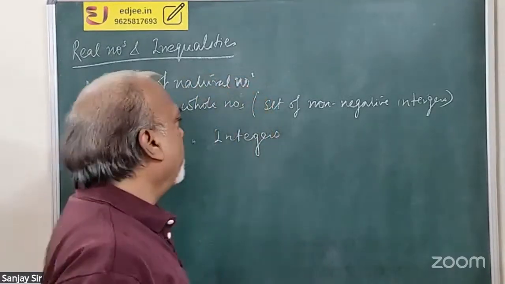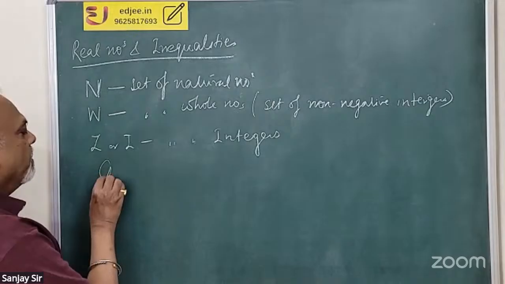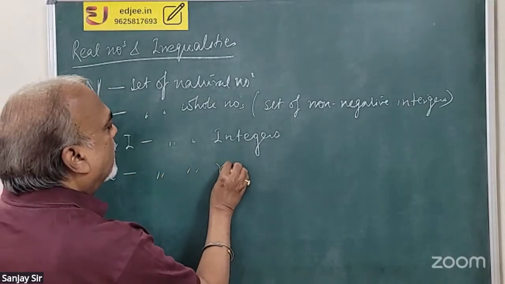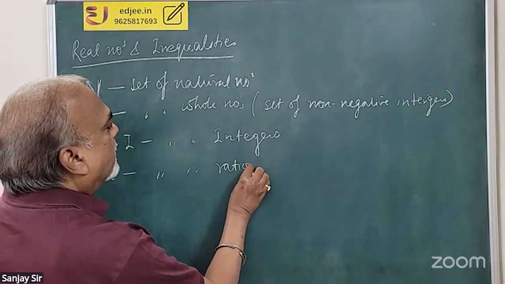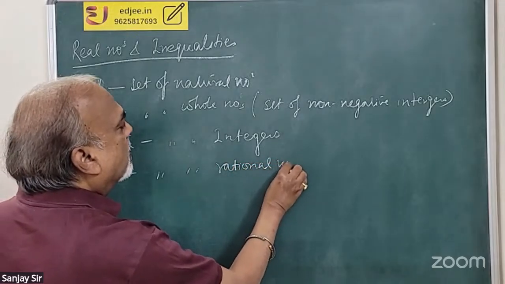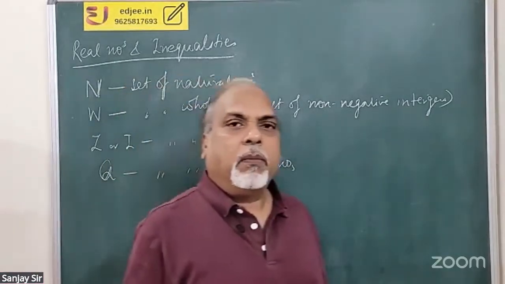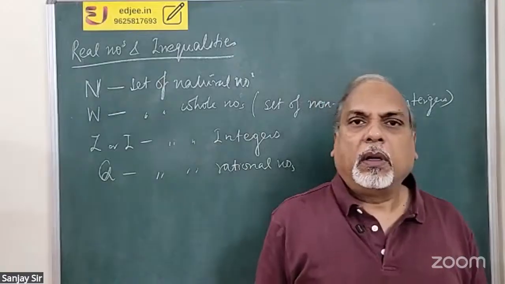Then can you tell me what about Q? Q is basically set of rational numbers. As you know, real numbers comprise everything.